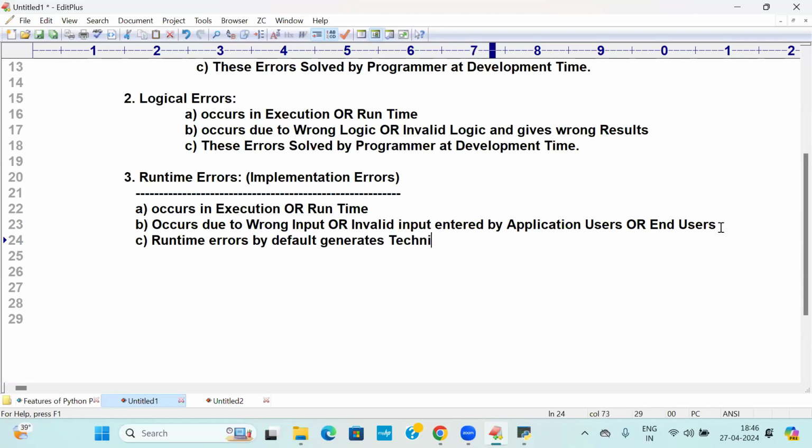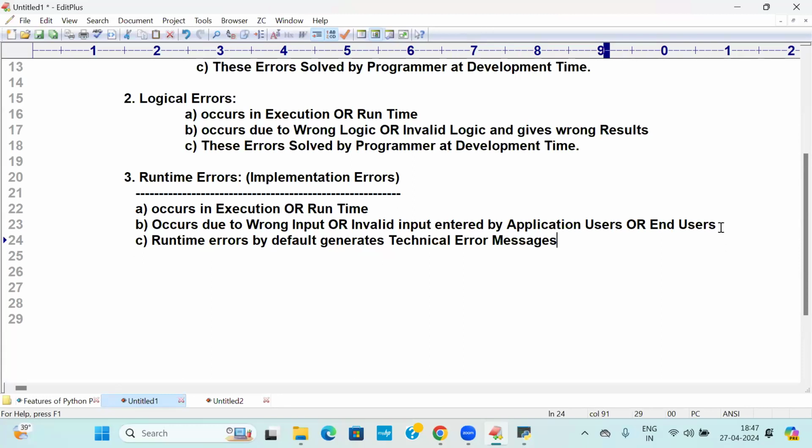Technical error messages, which are not recommended in software development. Software development says to give user-friendly error messages.